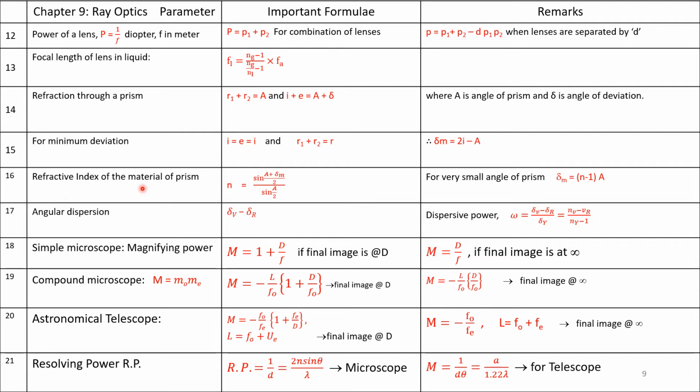Refractive index of the material of a prism: n is equal to sine of (A plus delta m) by 2, divided by sine A by 2.